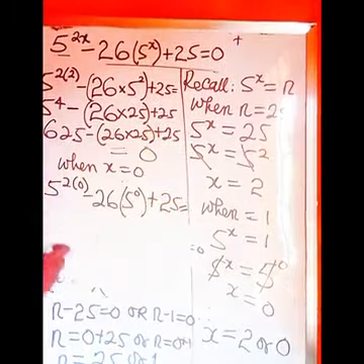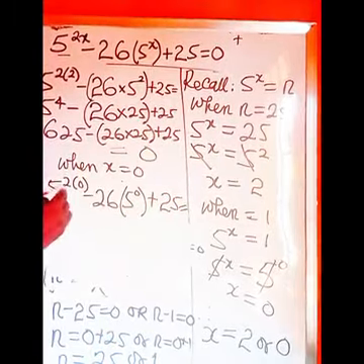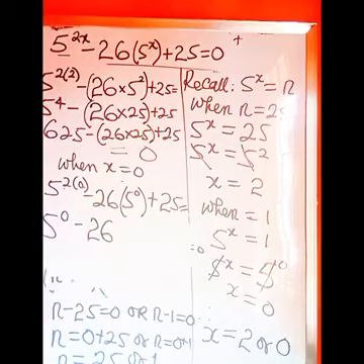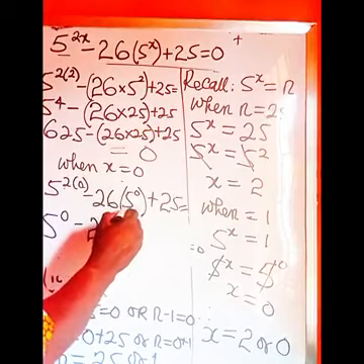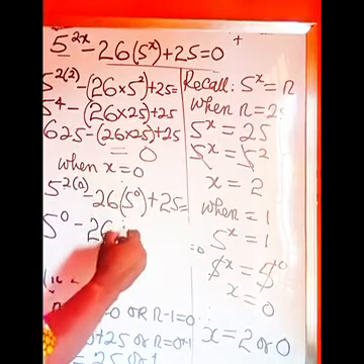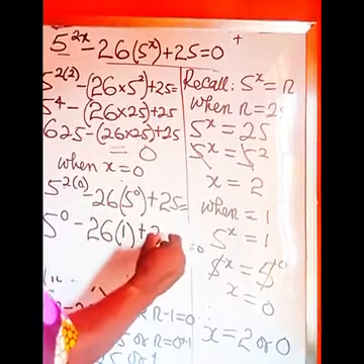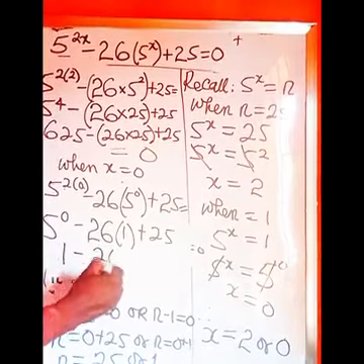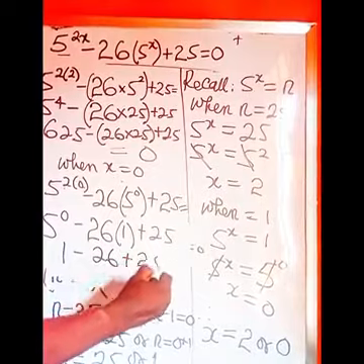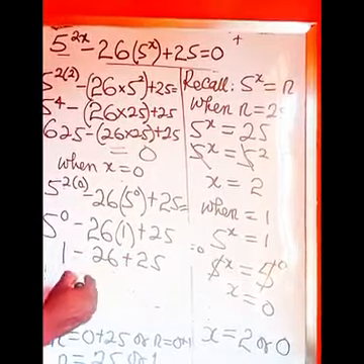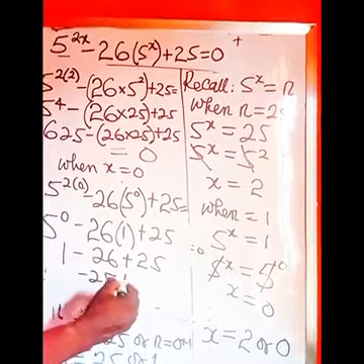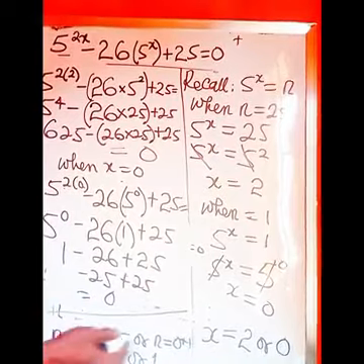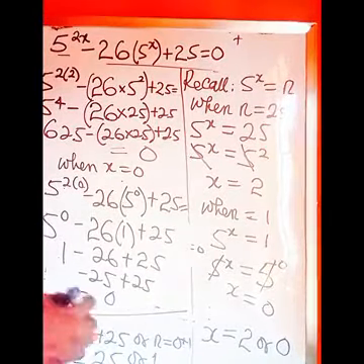Let's know if we get 0. 2 times 0 is 0, minus 26 times 5 to the power 0, which is 1, plus 25. 5 to the power 0 is 1, so we have 1 minus 26 plus 25. Minus 26 plus 1 is minus 25, plus 25. This will give us 0. So that means our answers are correct. All right, thank you.